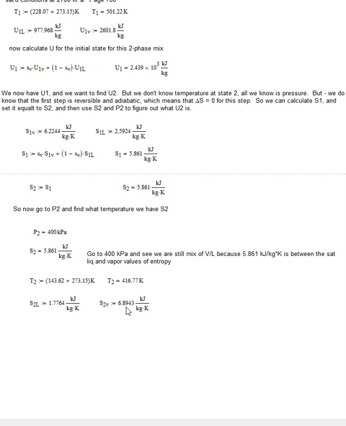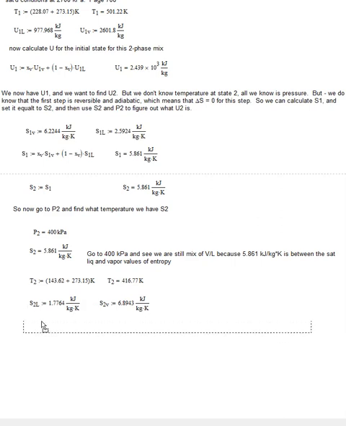Saturated vapor, 6.8943. As you would expect, as you superheat to higher and higher temperature, your entropy just keeps getting bigger and bigger. So because our entropy value is in between these two levels, that means we have a mixture of vapor and liquid in equilibrium.